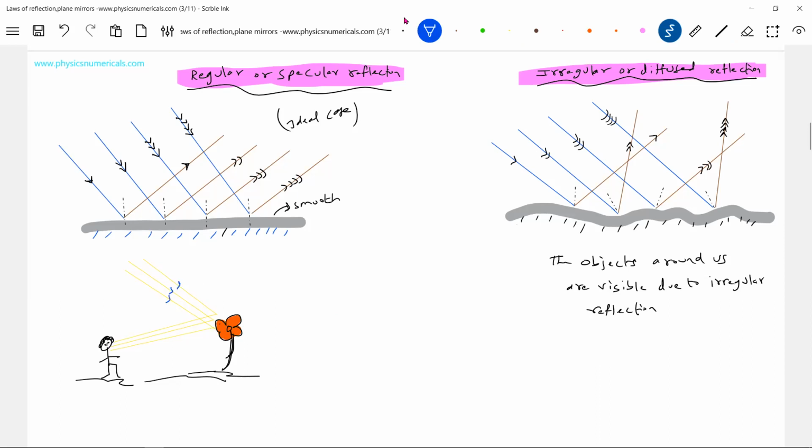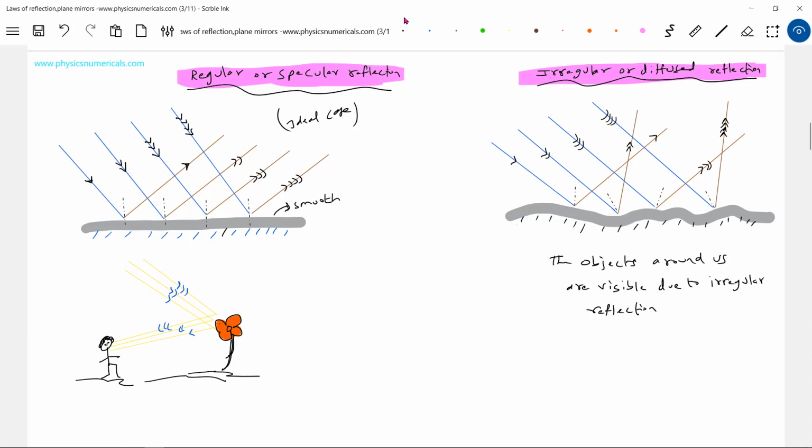An object is visible when the reflected light enters the eye. Here the sunlight incident on the flower gets reflected, and when the reflected light enters the eye, the eye processes this and says a red color flower is what I'm seeing.